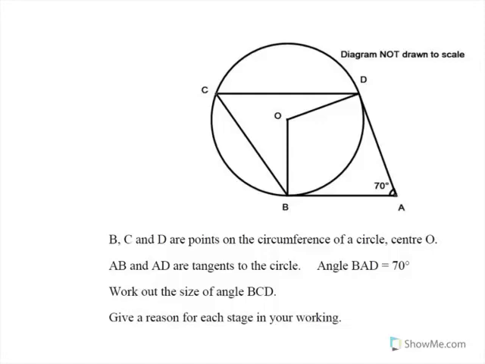In this particular one it says B, C and D are points on the circumference of a circle, center O, and AB and AD are tangents to the circle, and the angle BAD, this one here, is 70 degrees. We're asked to work out the size of the angle BCD, this one here, and to give a reason for each stage in the working.